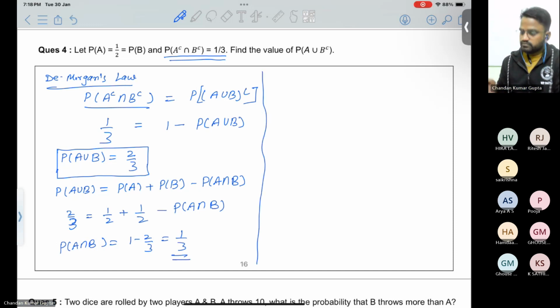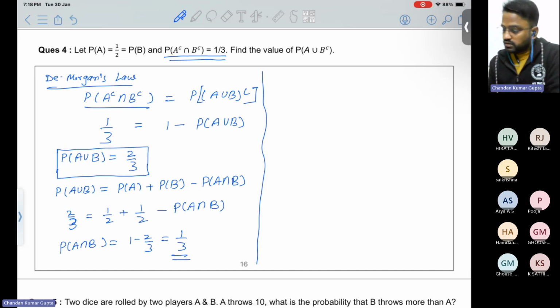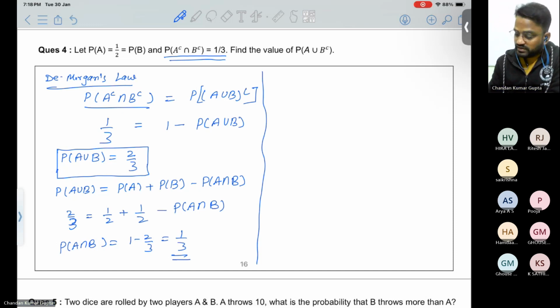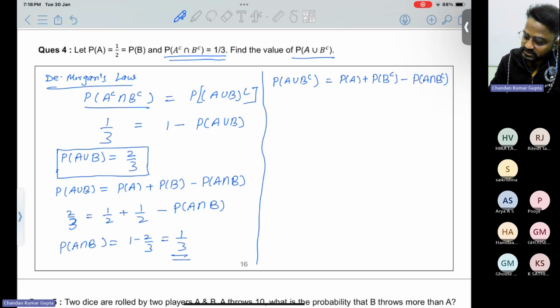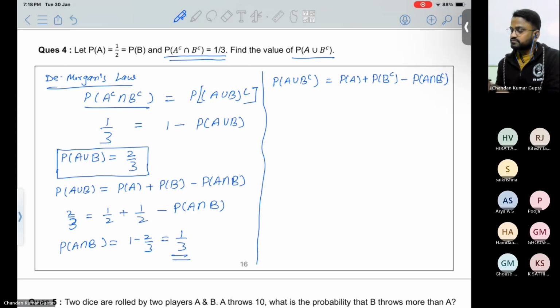Now again, we need to calculate the probability of this. So the probability of A union B complement can be written as the probability of A plus the probability of B complement minus the probability of A intersection B complement. Can we write like this? Yes, this is A union B complement.